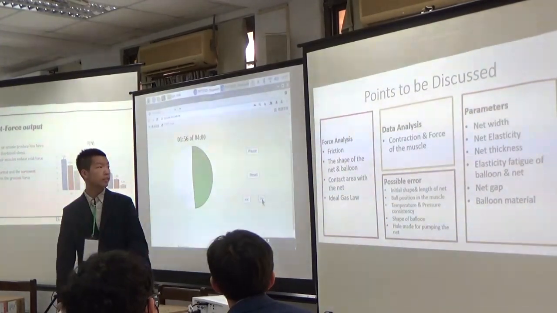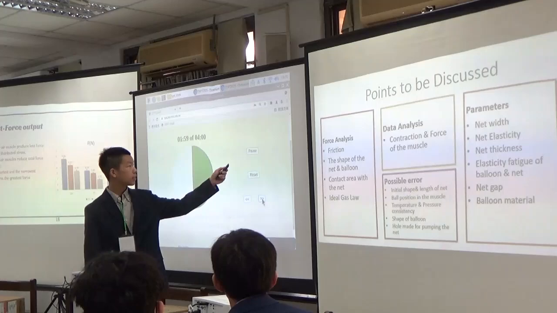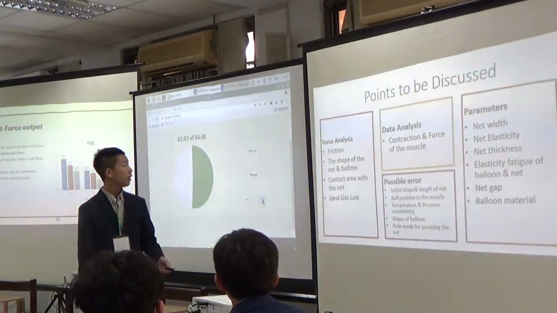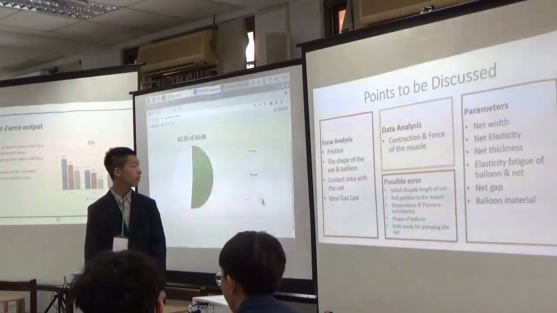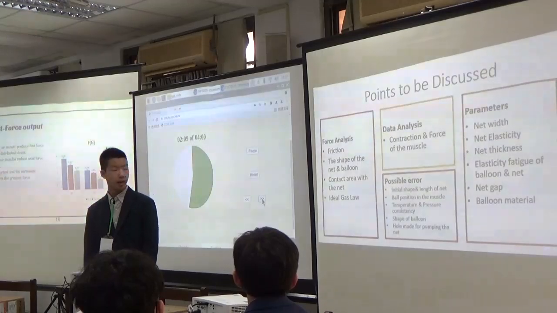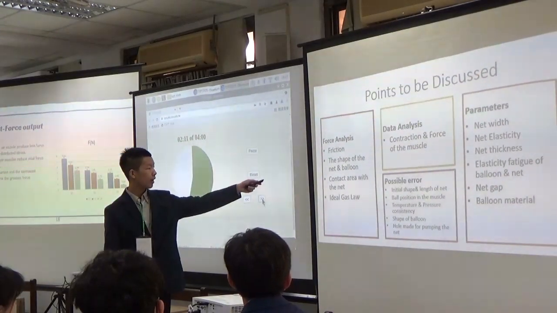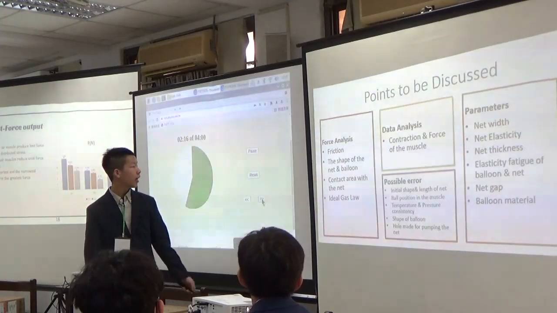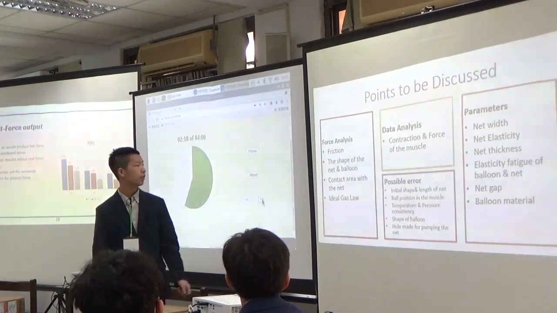Today we are going to discuss our viewpoint. First, we will discuss the force analysis, and we will include friction, and we will also include the ideal gas law, and also the contact area between the balloon and the net, and also the shape of the net and the balloon.